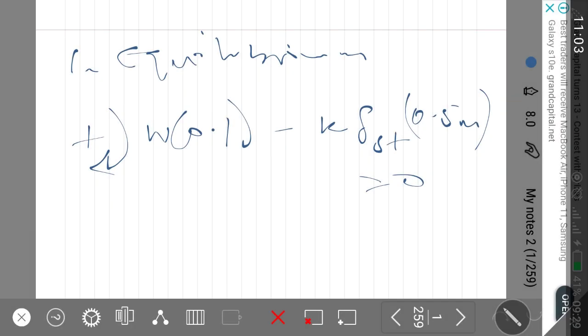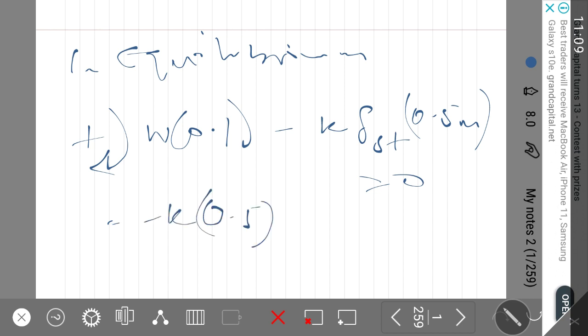So everything turns out to mean that minus k times 0.5 squared theta is equal to 0.32 plus 0.06 times theta double dot.